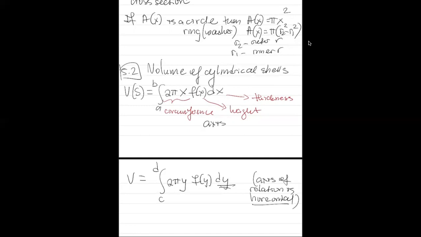Here, we're rotating the region. If axis of rotation is vertical, it's kind of ironic, but vertical axis, we have dx. Vertical axis, dx. Horizontal axis, dy. And this is for this method, cylindrical shells.